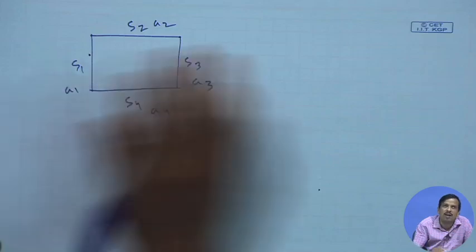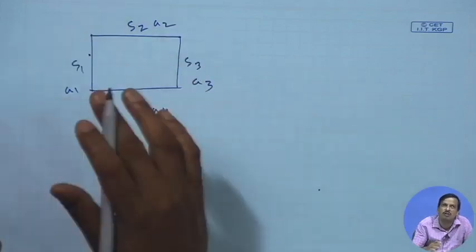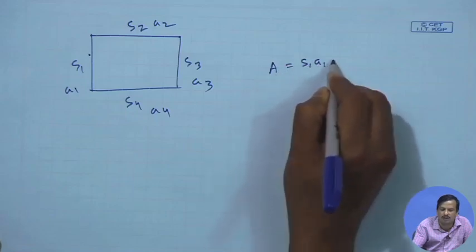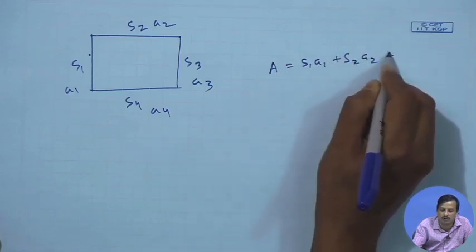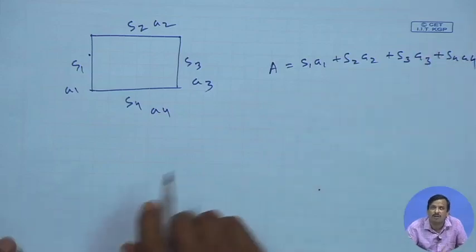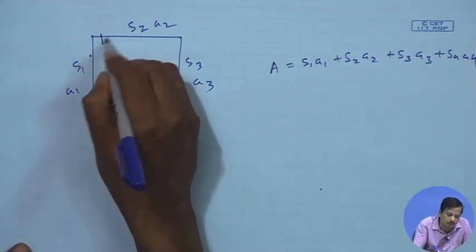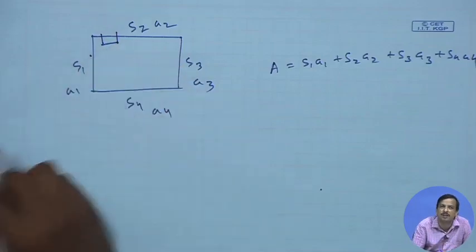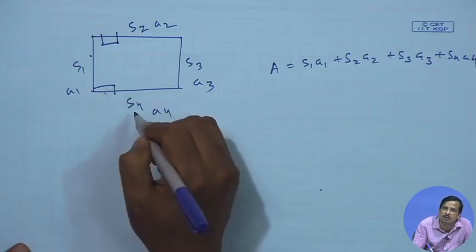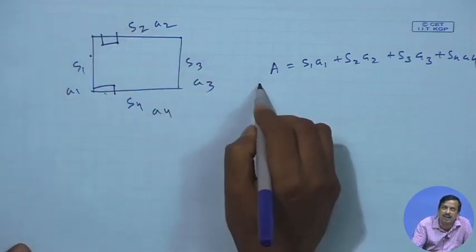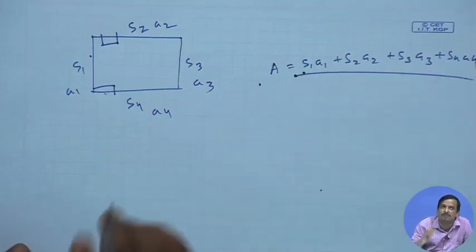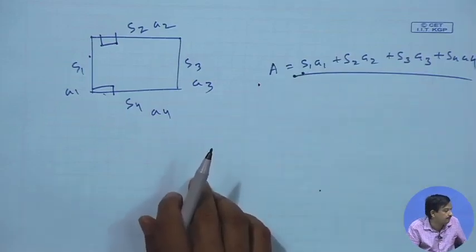So, the total absorptivity of the whole four surfaces is A equals S1 A1 plus S2 A2 plus S3 A3 plus S4 A4. There may be a window, whose absorption coefficient is different. There may be a door with its own absorption coefficient. So, the area of the door multiplied by its absorption coefficient, and the sum of all is called the total absorptivity.